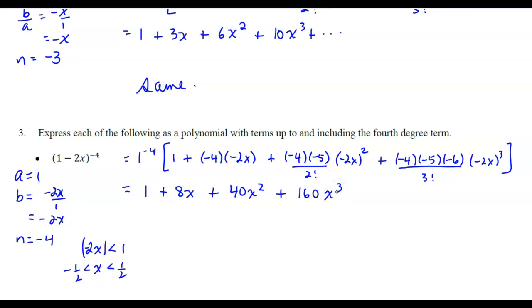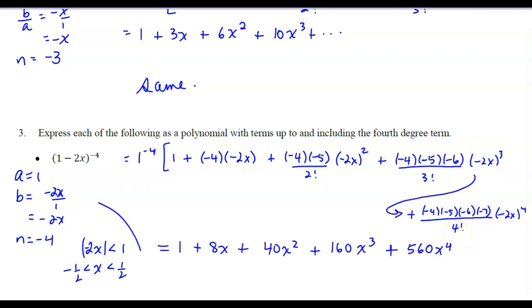Oh, it said fourth degree term, didn't it? Oh. Okay, so let me just move this down. There's your polynomial of degree 4 that approximates 1 minus 2x to the negative 4.